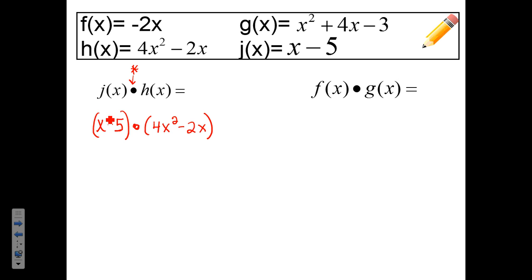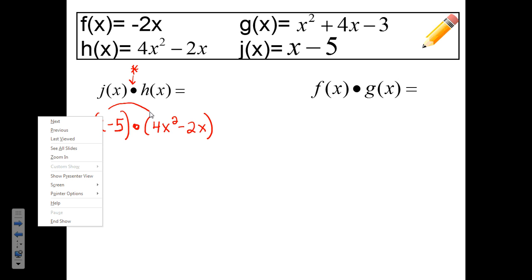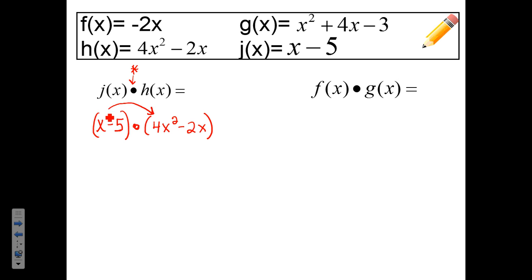So we're going to multiply by double distributing. So first term times first term, that's 4x cubed. X times x squared is x cubed. 4 times 1 is 4. Okay, we took the first. Now we're going to take the first times the second.